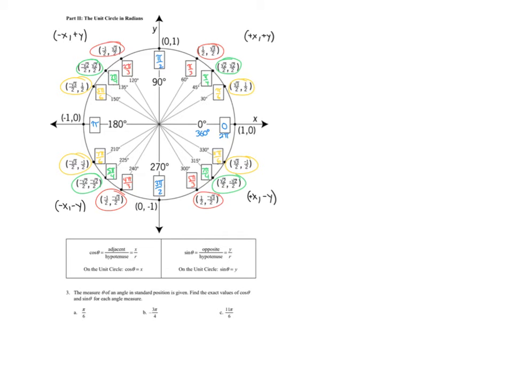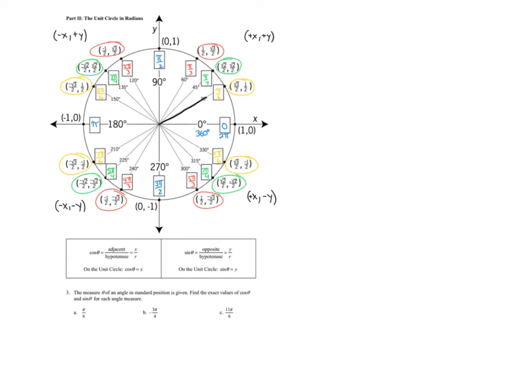The next part is evaluating sine and cosine at given angles on the unit circle. Now, cosine is adjacent over hypotenuse, or x over r in the unit circle.